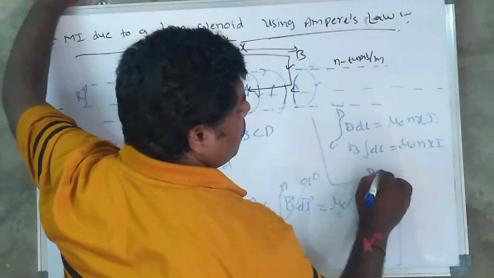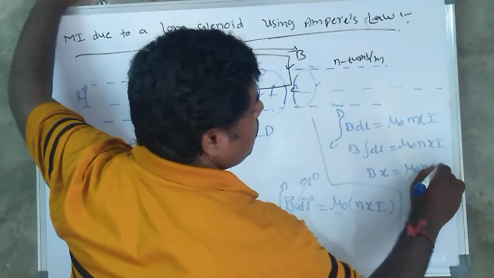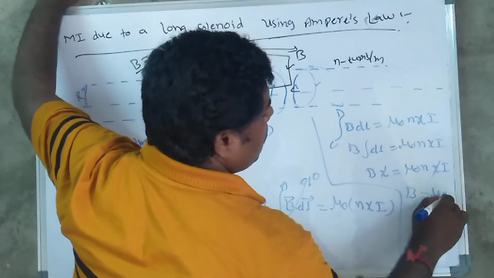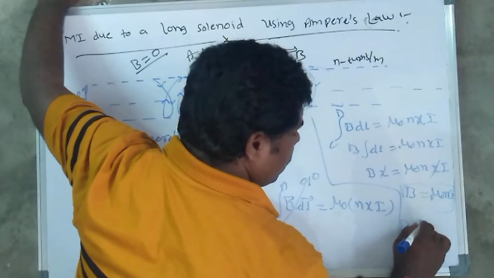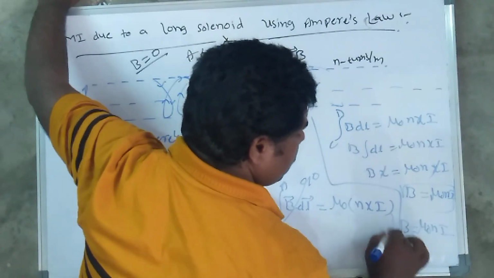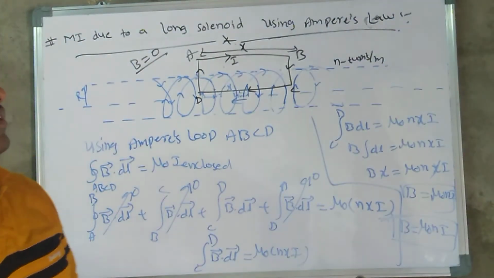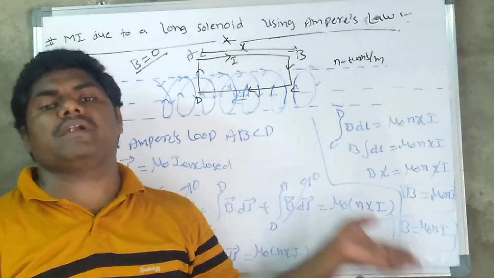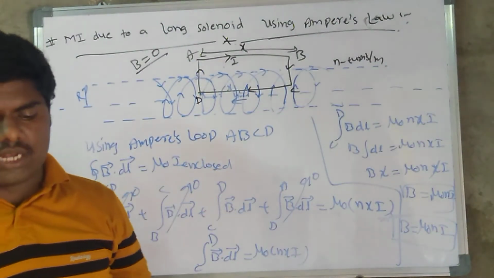So B into x should be equal to mu naught n into x into I. X cancels, so B is equal to mu naught n I. This is the solenoid formula, which we already know from the Biot-Savart law. By using Ampere's law we also got the same, but it is a simpler, easier method.